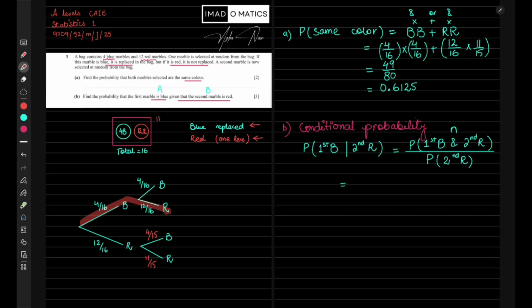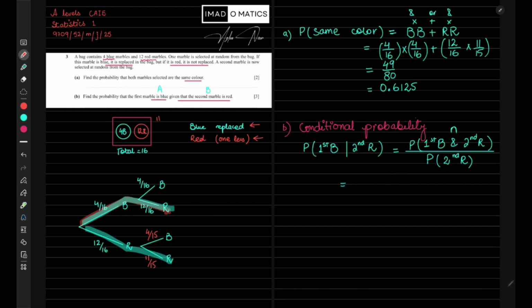And secondly, for the second red, we have either first blue and second red, or first red and second red. These are the two possibilities where the second marble is red.